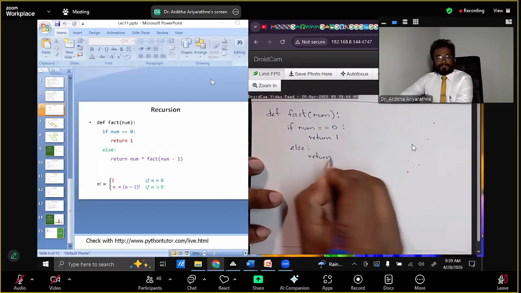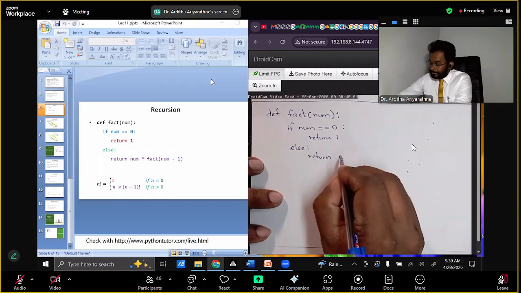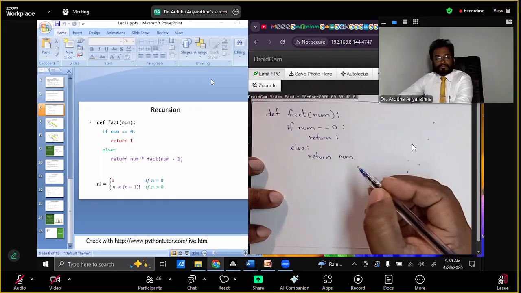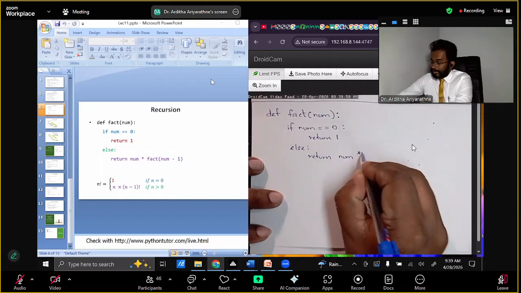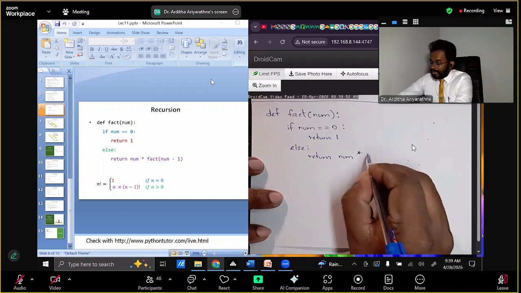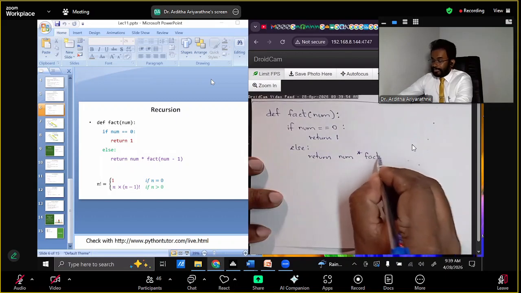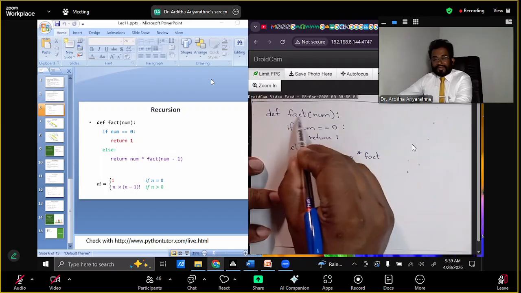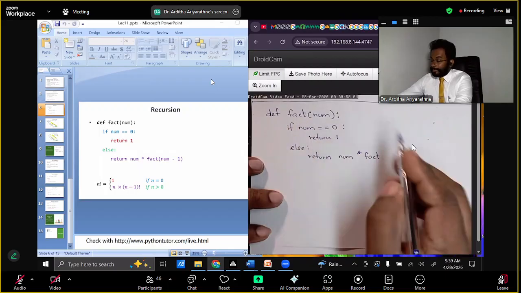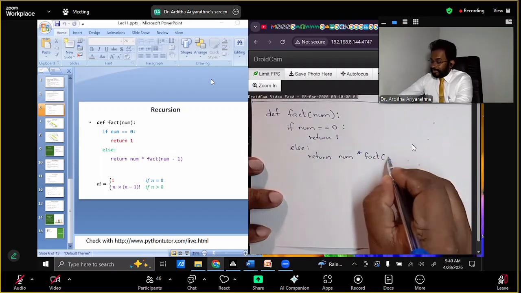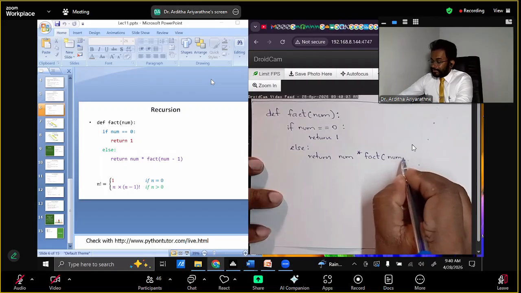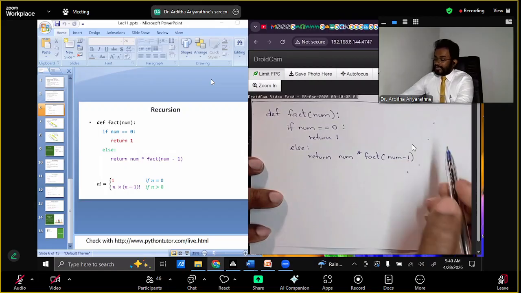Return num multiplied by fact, the same function we are calling, but with one number less.